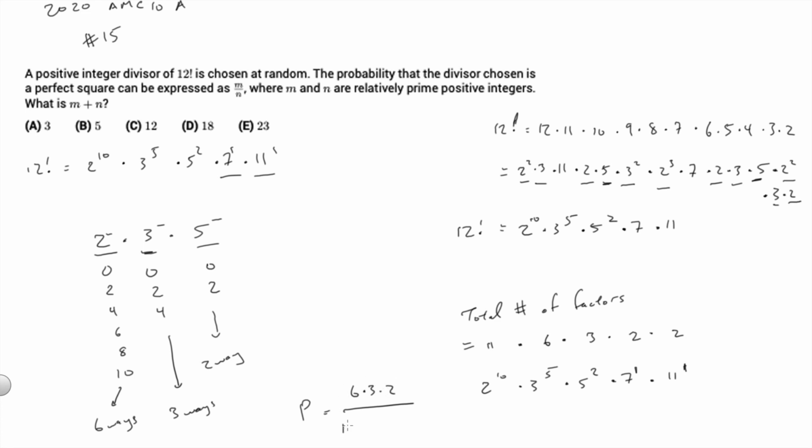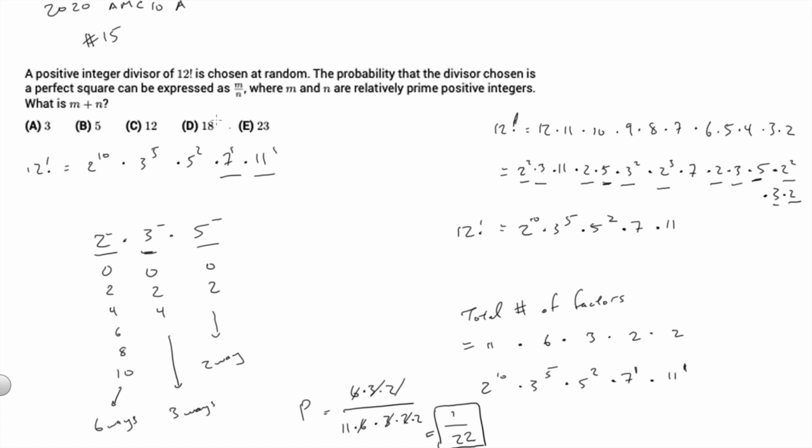So we have 11 times 6 times 3 times 2 times 2. And so we're just going to cancel what's the same in the top and bottom. So we can cancel 6, 3, and 2 with 6, 3, and 2. And we're left with the probability that we are seeking as 1 over 23. Or 1 over 22. Sorry guys, got a little ahead of myself. So we have 1 over 22 is this probability that we are looking for.